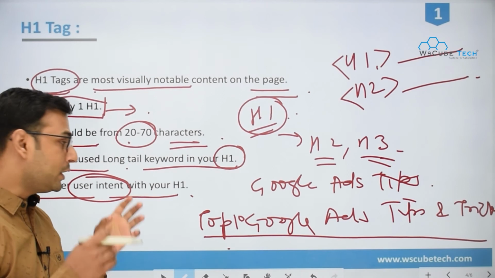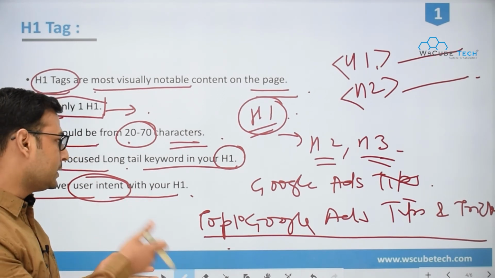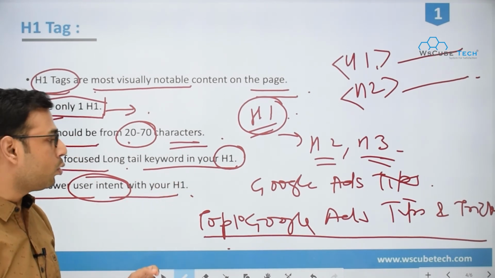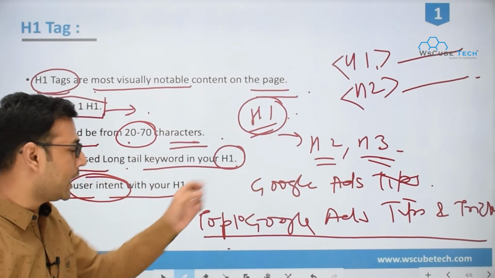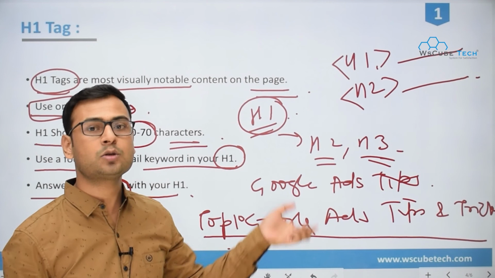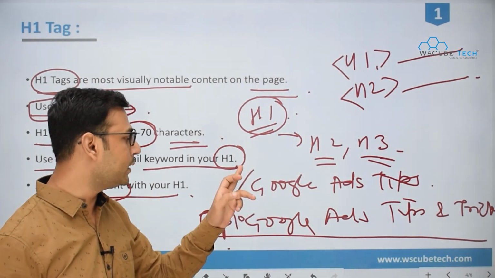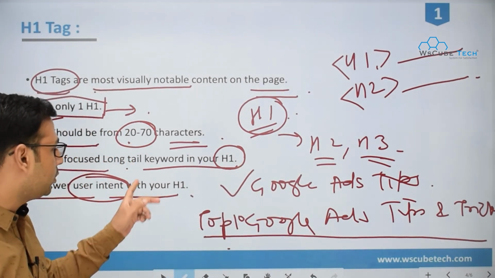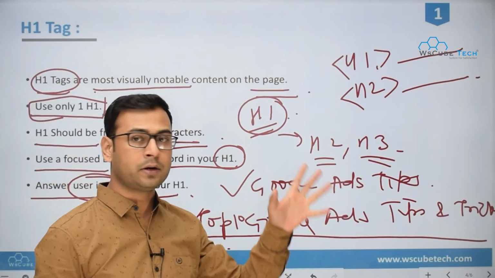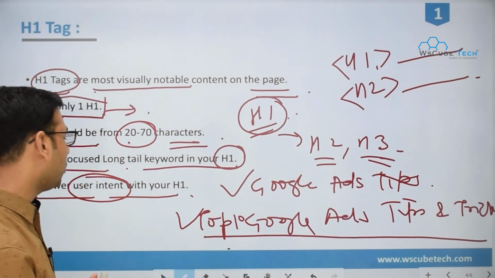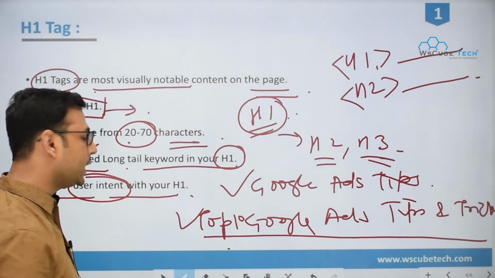When the user landed on your web page, they landed from a keyword, and the keyword was Google ads tips. So the intent of the keyword and the intent of your H1 tag are quite similar, because the user was looking for Google ads tips, and the content present in your H1 heading is top 10 Google ads tips and tricks. So always try to put some user intent in your H1 tag.